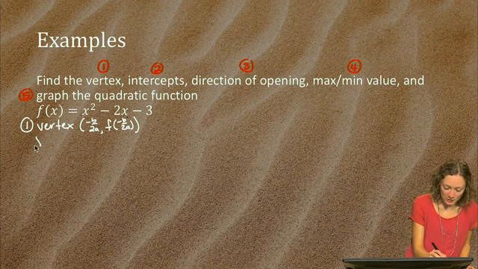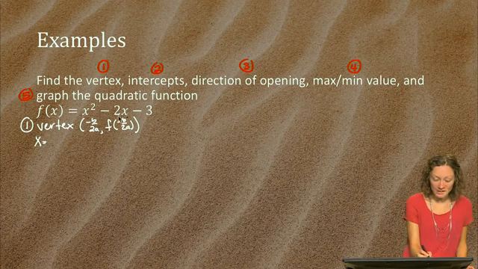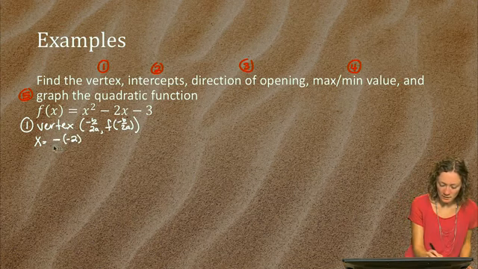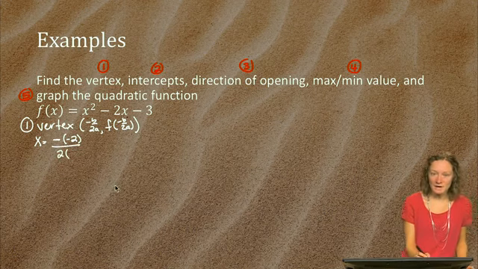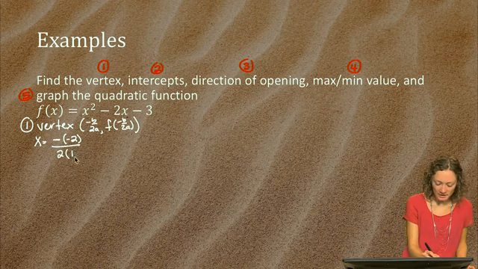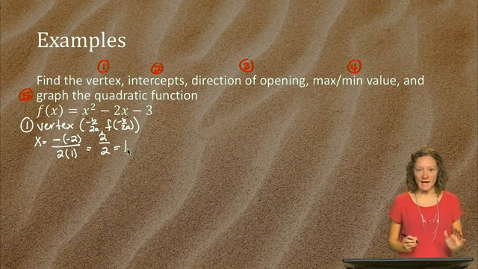So the x value of your vertex is -b/2a. What's our b value? -2 over 2 times a. What's our a value? A is always attached to the x squared. It's a 1. Minus negative 2 over 2, which is 1. So the x coordinate of your vertex is 1.